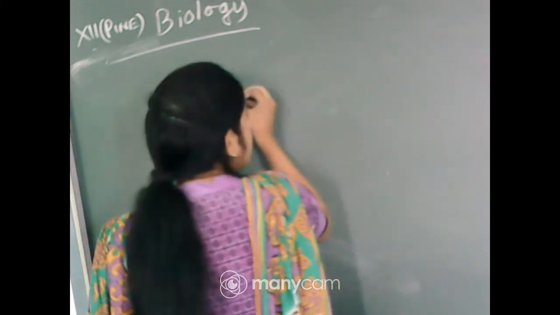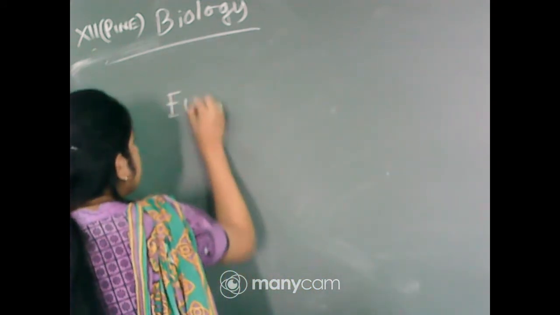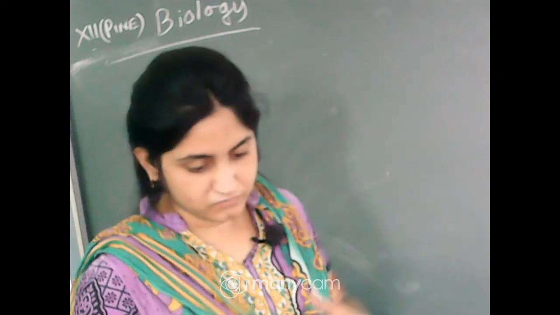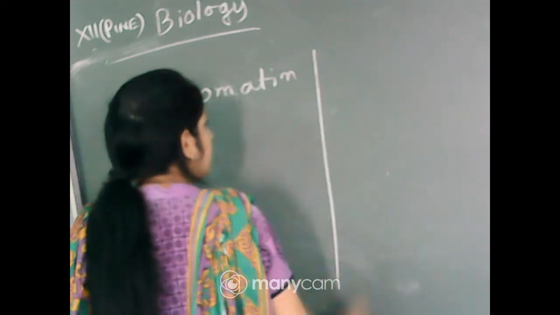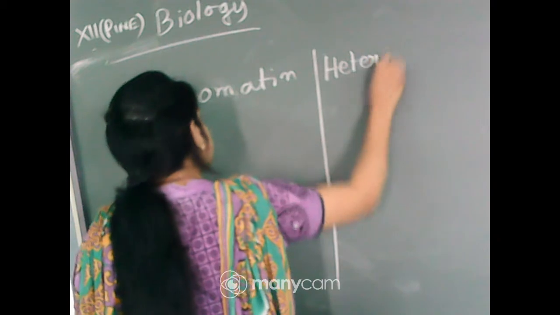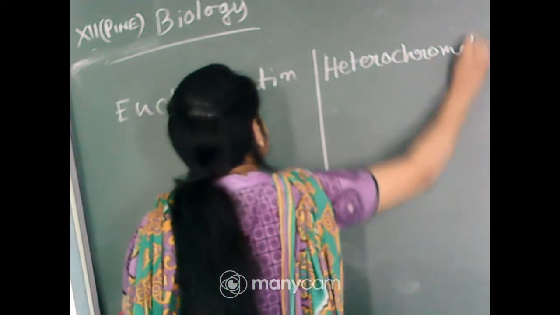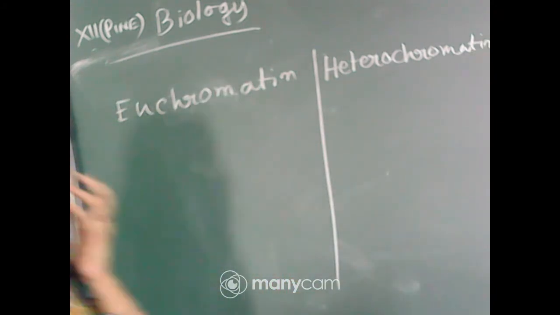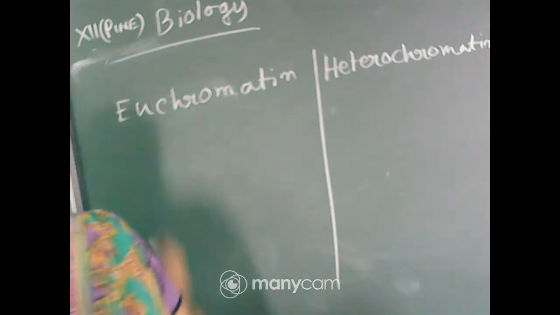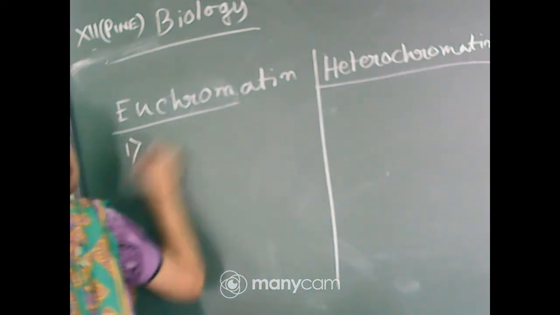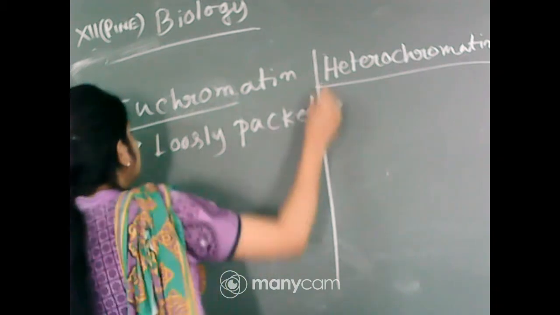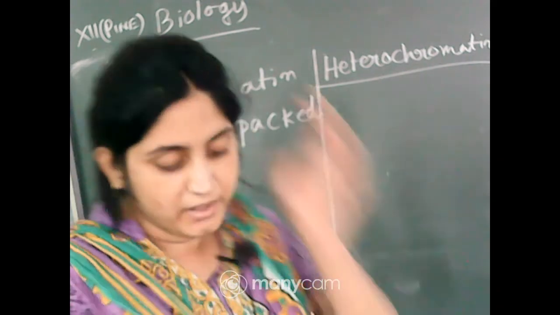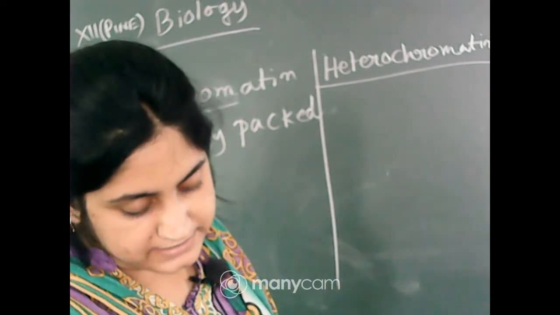What is the difference between them? The first one is loosely packed and stains light, and the second, heterochromatin, is densely packed.